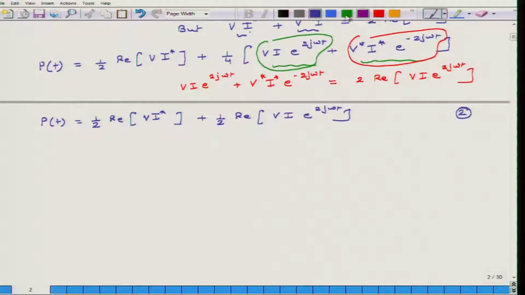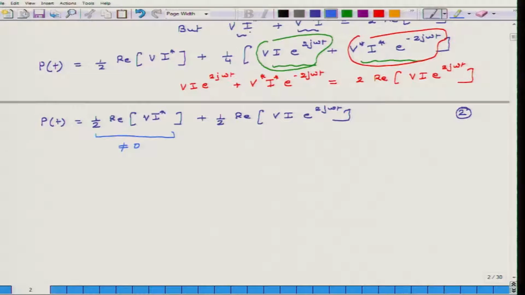Now, we make some observations. We note that V is a constant, it is a complex number, but it is a constant, and I star is also a constant, and if both of these are non-zero, then the first component will not be equal to 0.